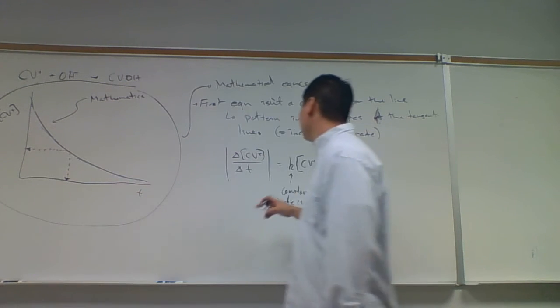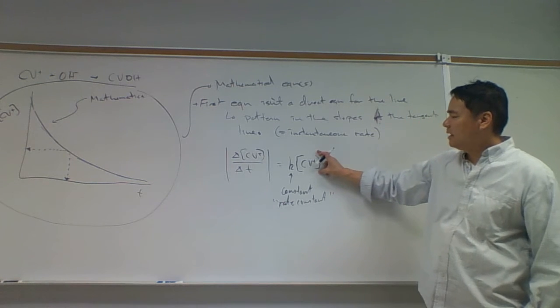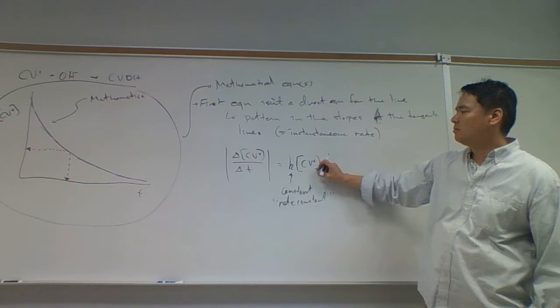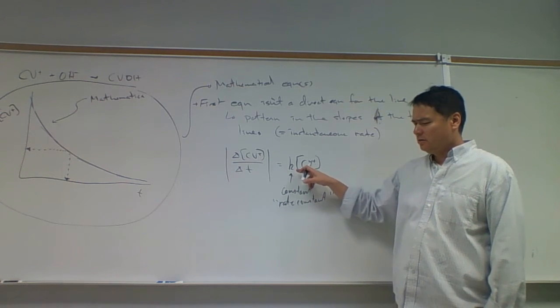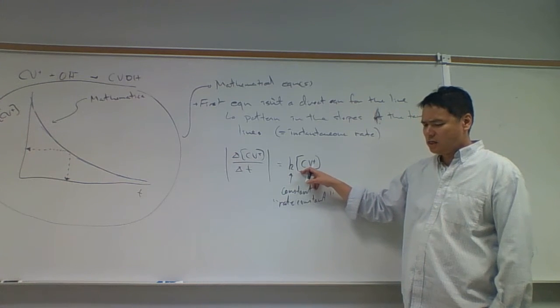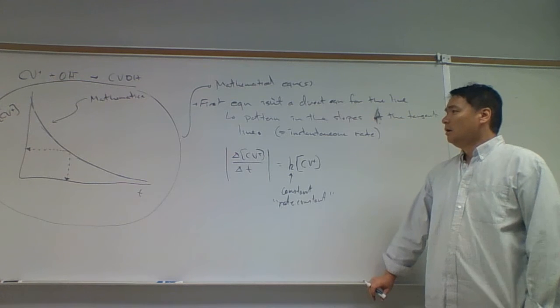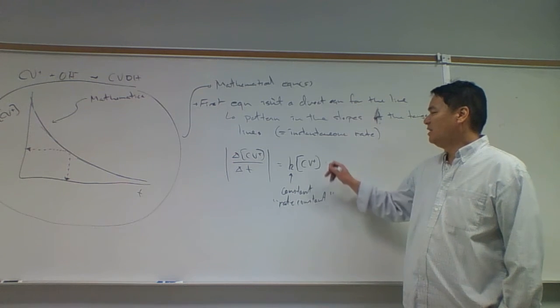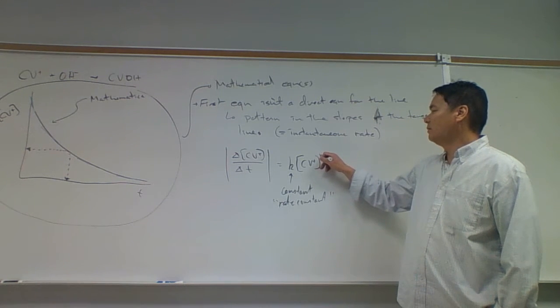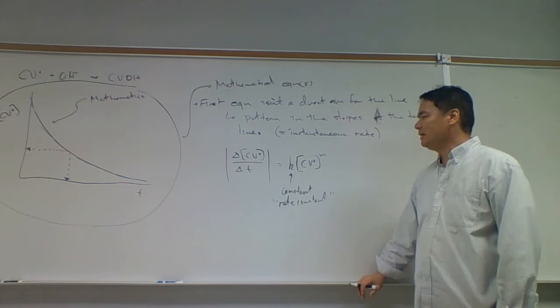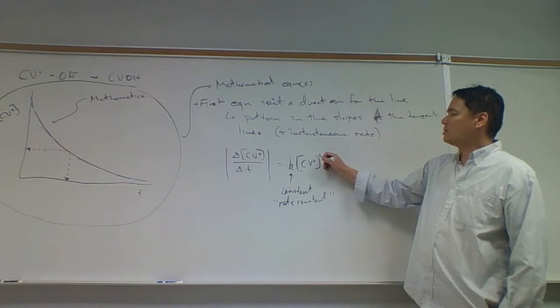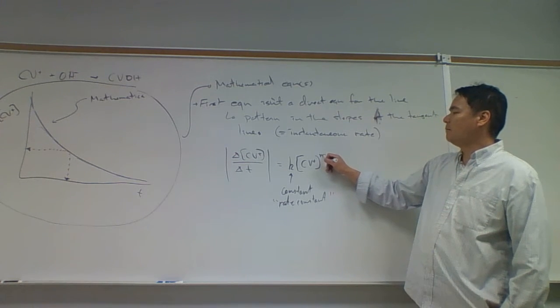The rate also decreases, by an amount proportional to k, because we're going to multiply k times the crystal violet. But the rate of decrease is nonlinear, and so what we do is we put a term here, m, like this.